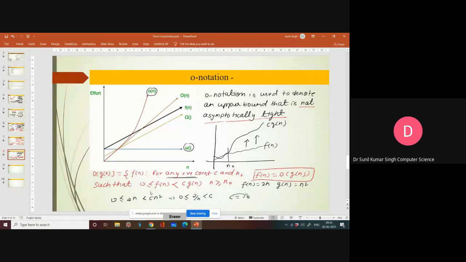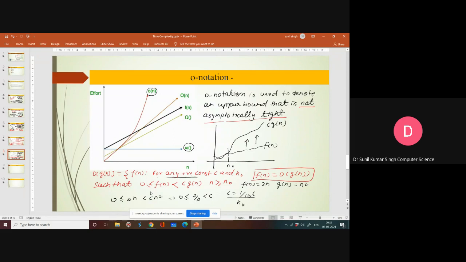Let's choose c equal to some smaller value, let's say c equal to 1 by 10 raised to the power 6. Then what should be the value of n? You are free to choose any value of c, and accordingly you have to select the value of n naught.